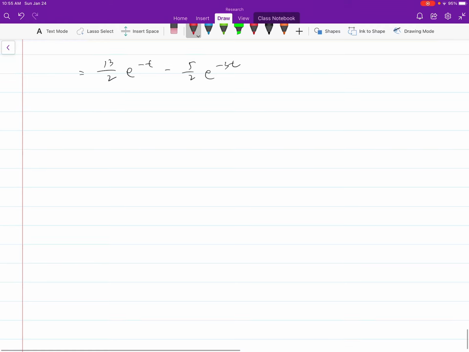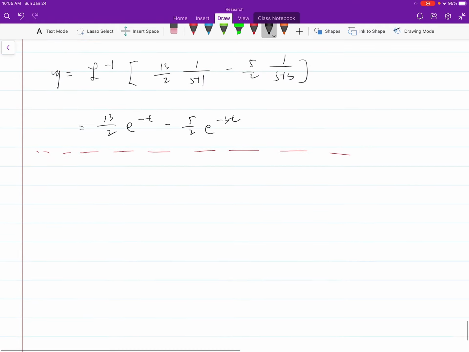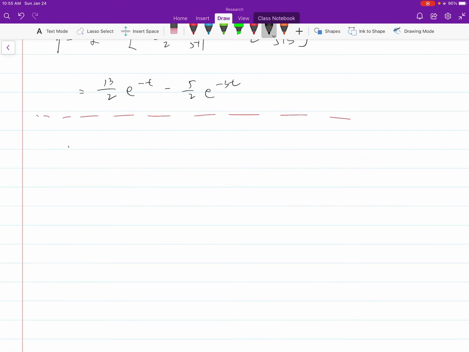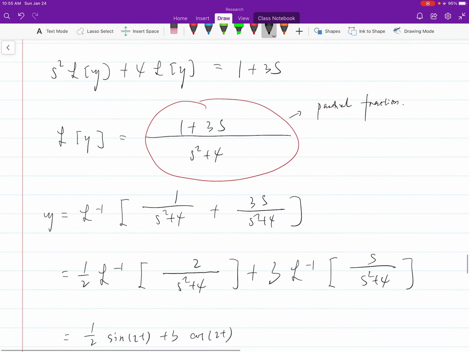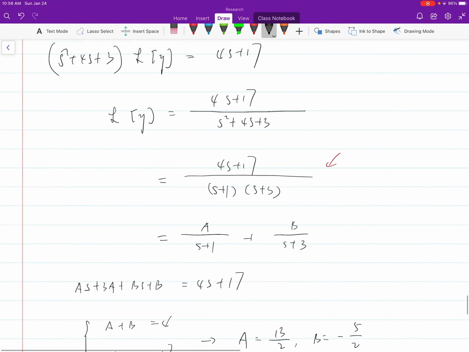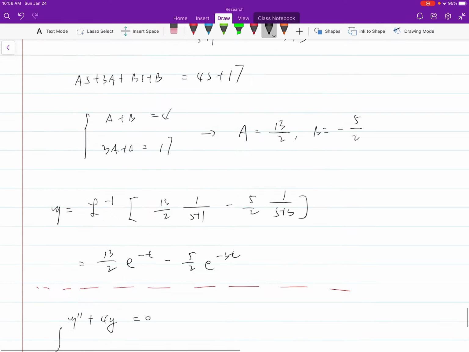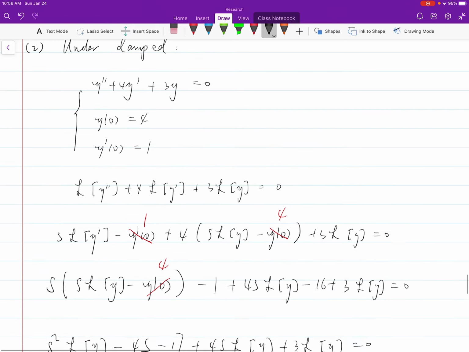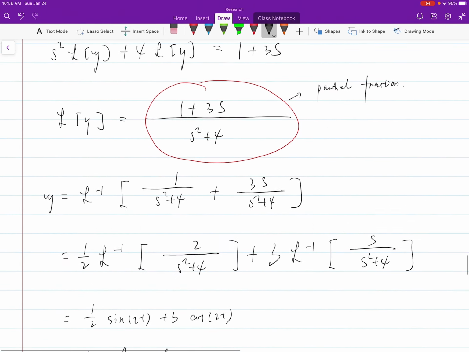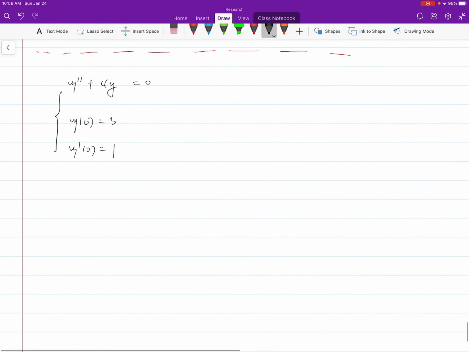All right, so from here you can see it's pretty easy to do things like that, at least for undamped and underdamped. If you take a look, okay, the first one, let me copy it. Y0 equals 3. Okay, then the answer we end up with is.